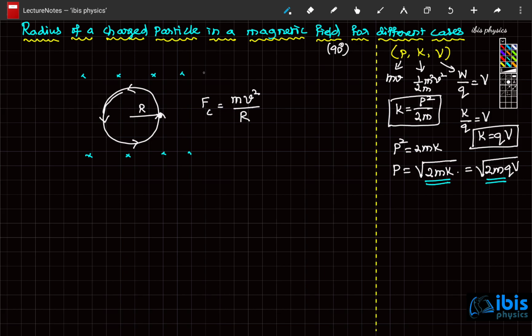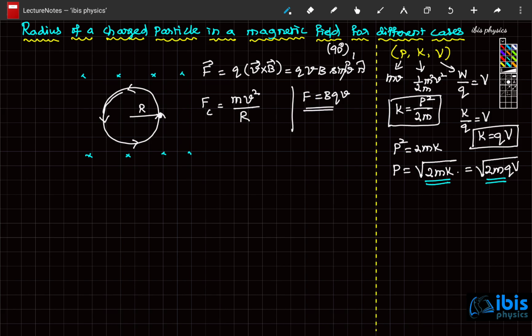So this centripetal force is provided by the magnetic Lorentz force, which we write as q into v cross B. This q into v cross B is written as qvB sine theta n cap. If you take only the magnitude of this, it is Bqv sine theta, because here we are assuming the charged particle enters at 90 degrees, so sine 90 degrees is 1.